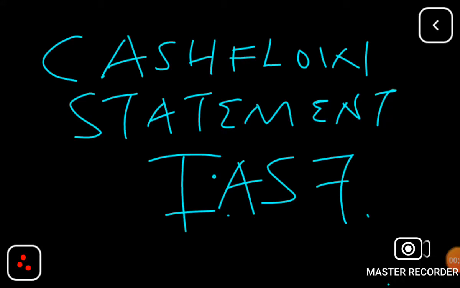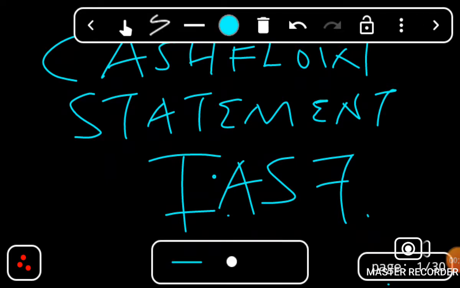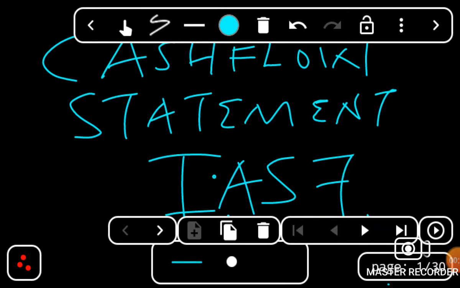Okay, so we'll be looking at the cash flow statement, IAS 7, under financial reporting. When financial accounts, just know that this is cash flow statements. So in cash flow, when calculating anything that has to do with the cash flow, you know that this is the indirect method.